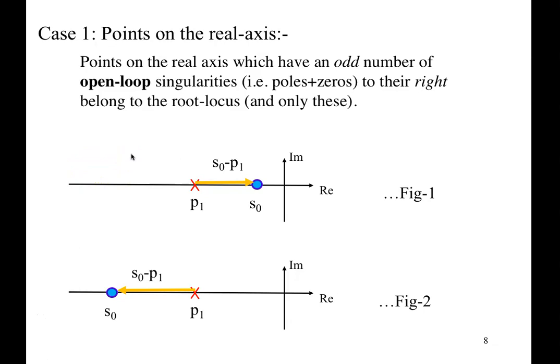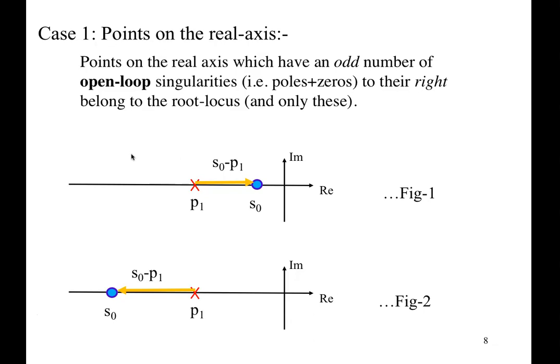For each of these sections, to determine whether it is part of the root locus, you count the number of open loop zeros and open loop poles to the right-hand side of that section. If that total number is odd, then this section is on the root locus. If the number is even, then this section is not on the root locus.